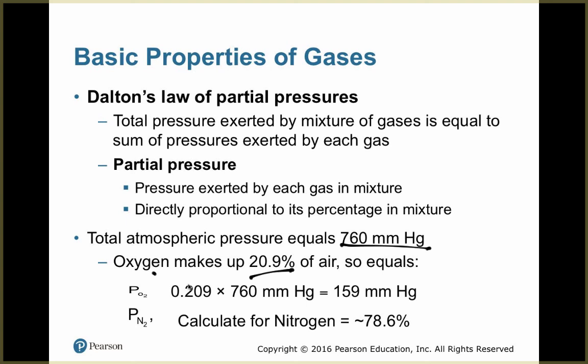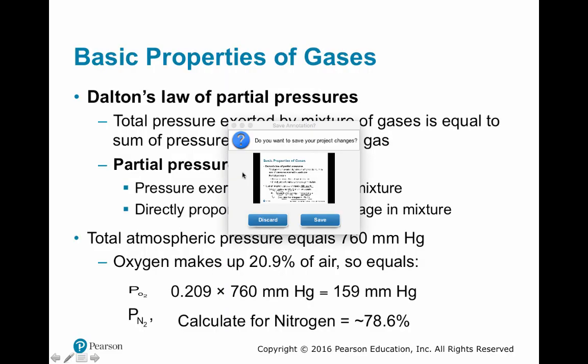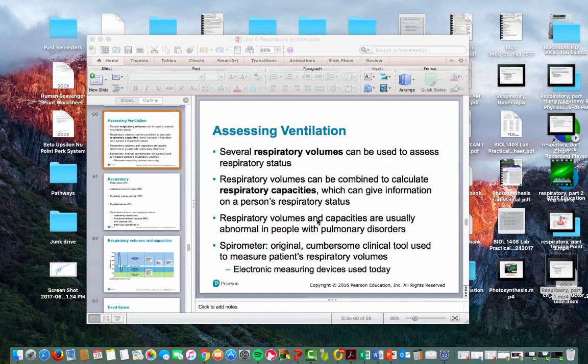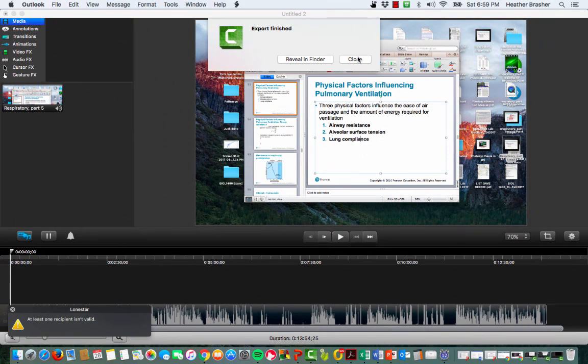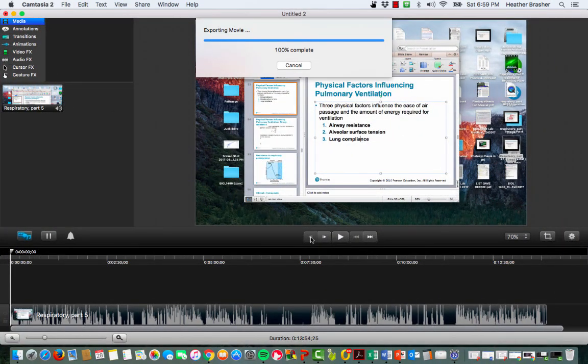So when you're looking at this Dalton partial pressure, what you do is just say how much pressure oxygen is exhibiting on the system. Well, since it makes up 20% and the total pressure is this, we get 159 millimeters of mercury. Now, what I want you to do really quick is calculate that for nitrogen. And whenever you get done calculating that, we are essentially going to start with the last part of this lesson.